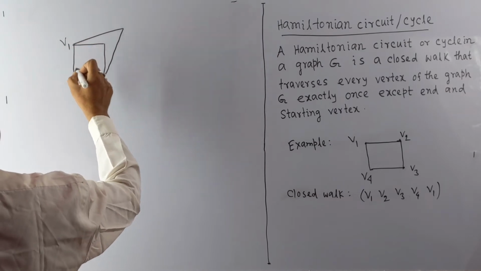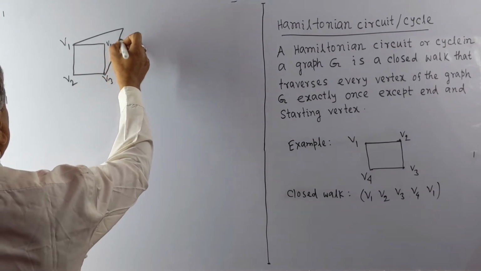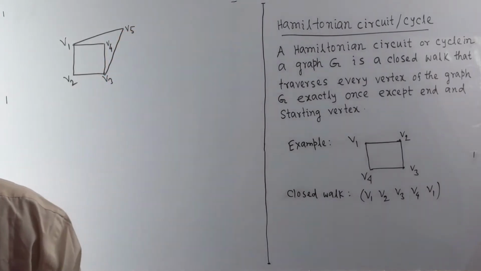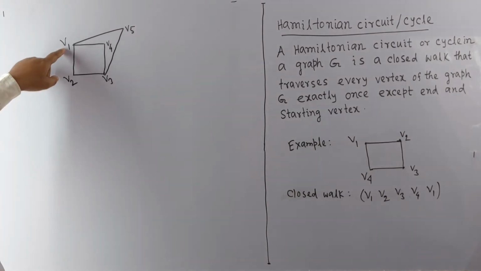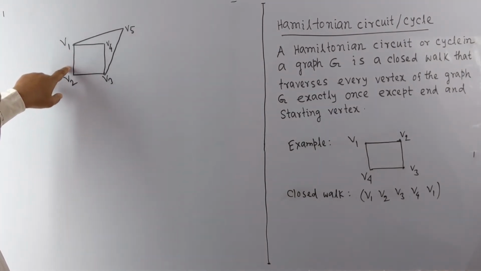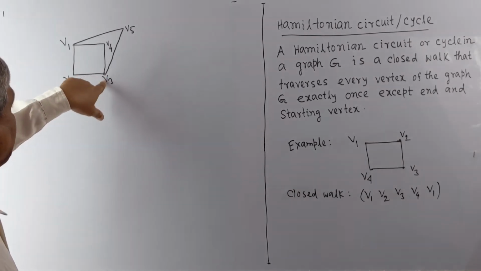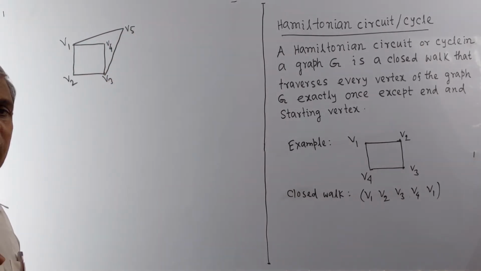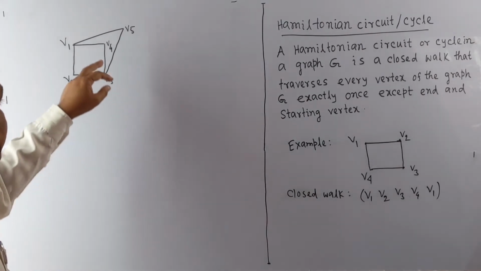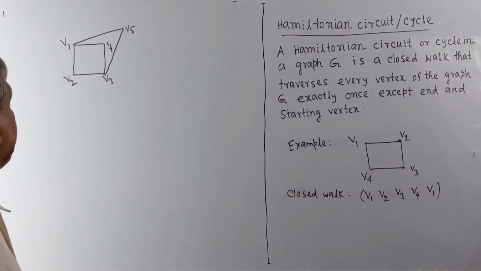Here V1 vertex, V2 vertex, V3 vertex, V4 vertex, and V5 vertex. If we start from V1, we reach V2, then V3, then V5, then V1. In this walk, we are unable to walk through the vertex V4. So it is not a Hamiltonian circuit.